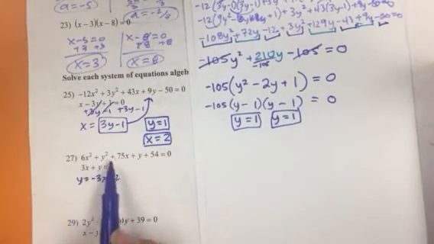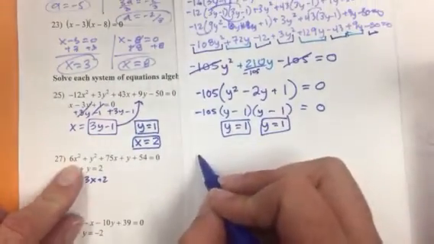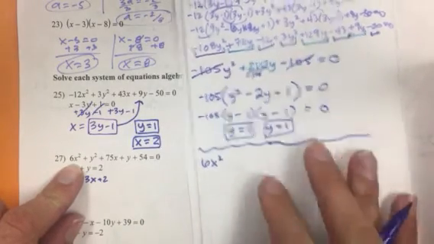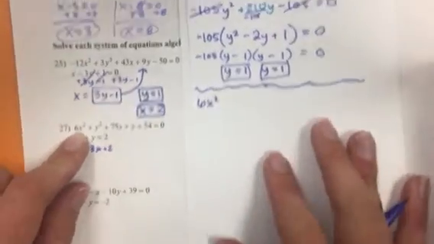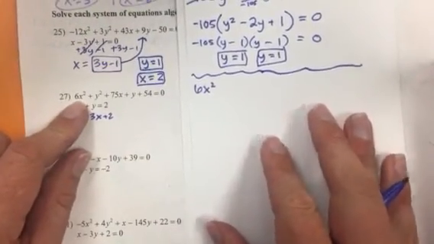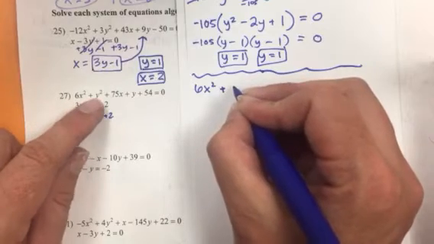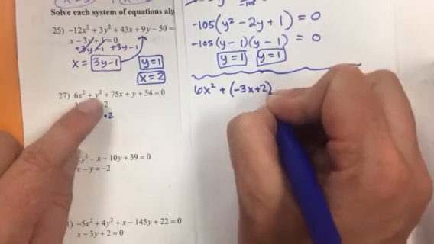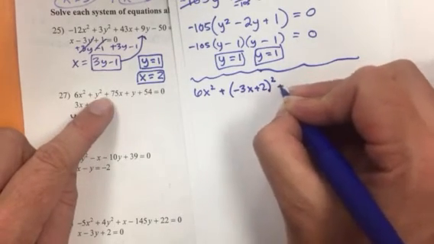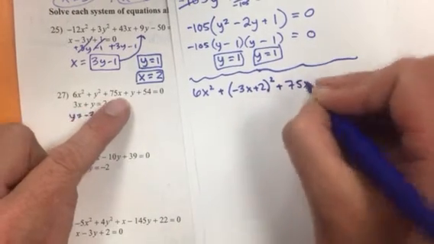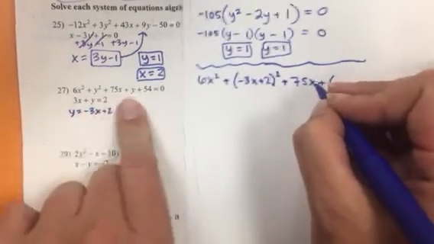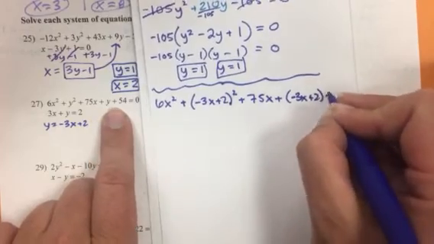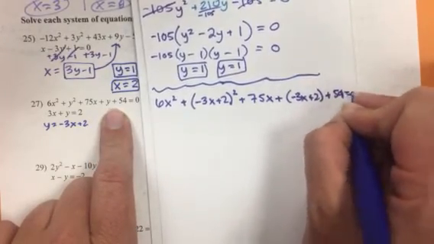So every y I see in this top equation, I'm going to replace. 6x squared plus, I see a y, which means I plug in negative 3x plus 2 squared plus 75x plus the y, which is negative 3x plus 2 plus 54 equals 0.